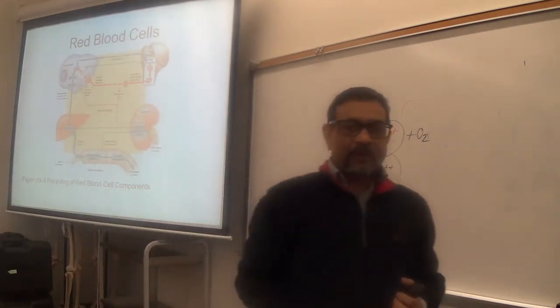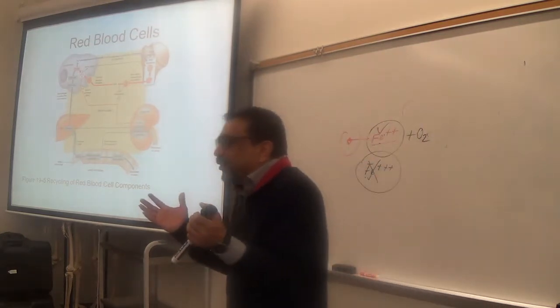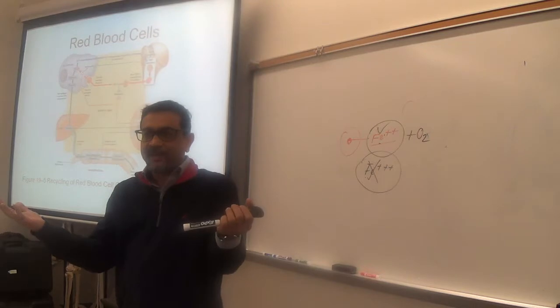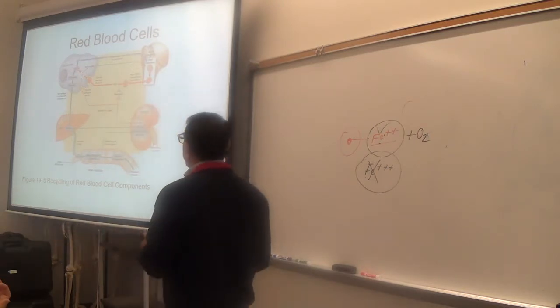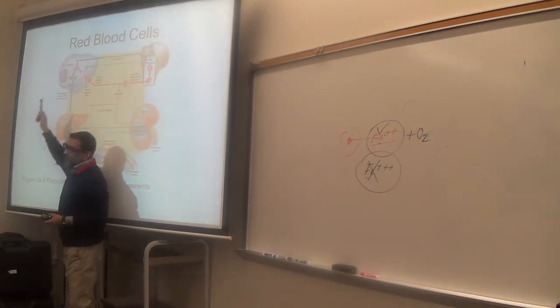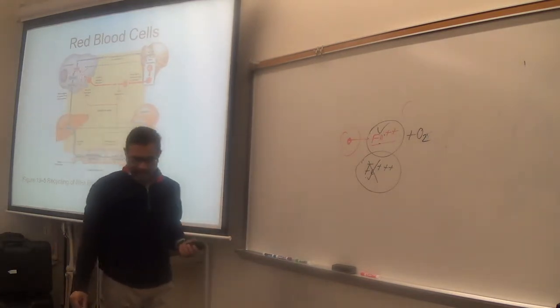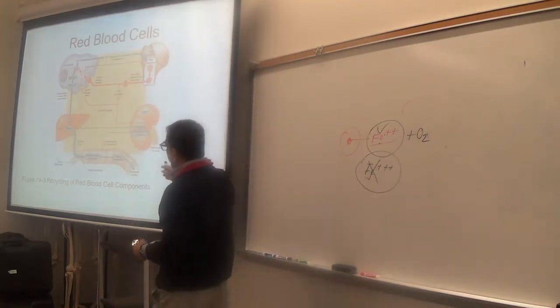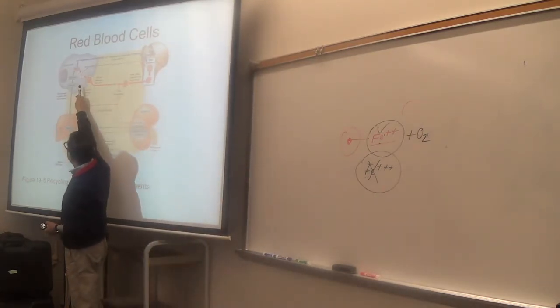Now, if red blood cell is ruptured, who comes out? Hemoglobin, because hemoglobin is inside it, right? So, hemoglobin comes out. You see, this is a macrophage, and the macrophage engulfs the red blood cell inside the liver or spleen, whatever you see.